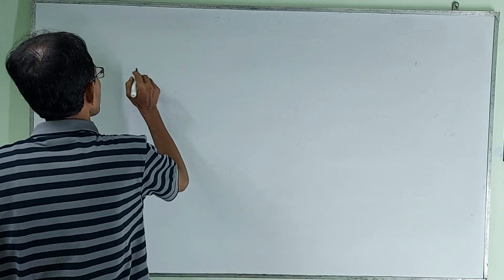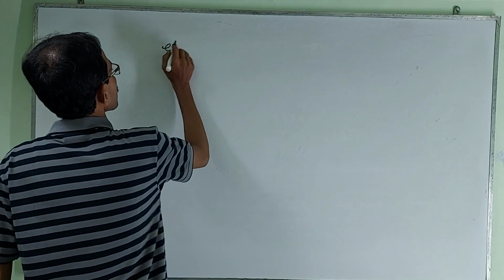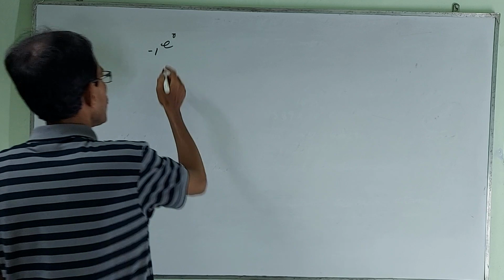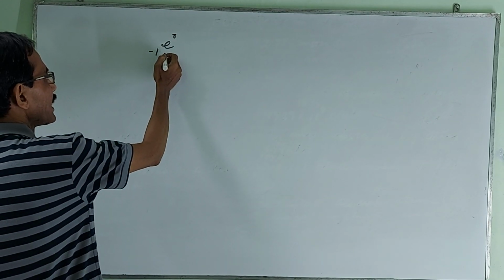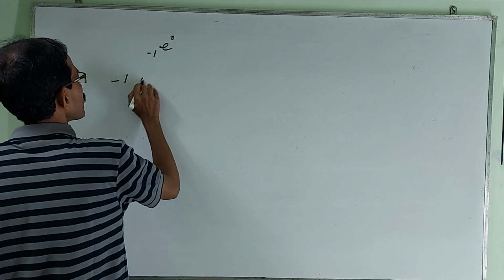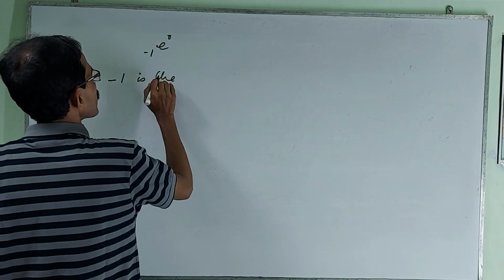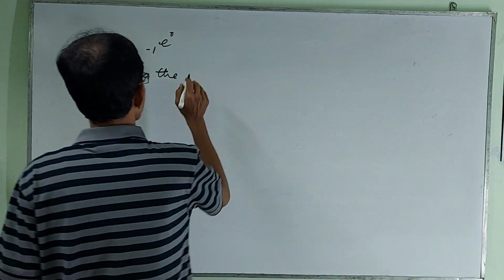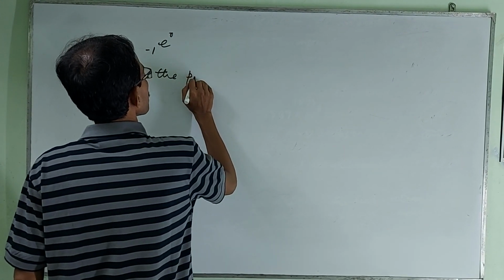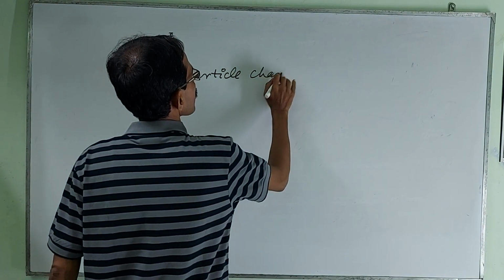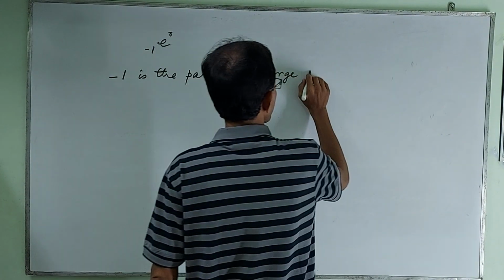See, E minus 1 to 0. Electrons have unit negative charge. Minus 1 is the particle charge units.